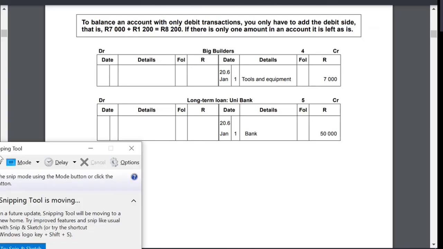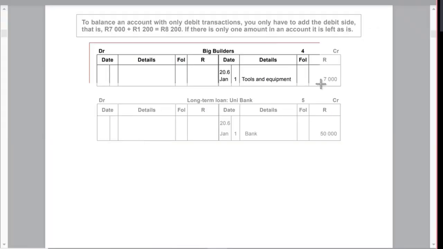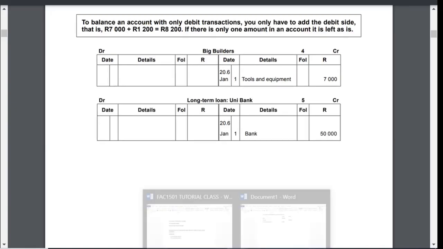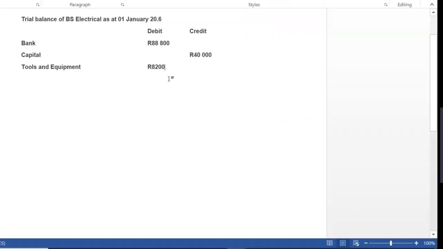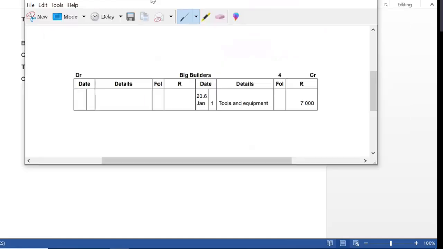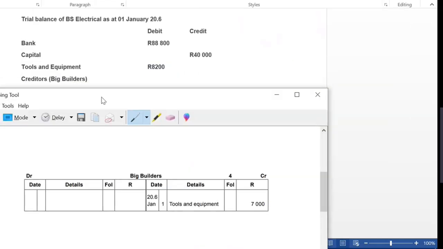The other account is creditors, Big Builders. Which side is it? It's on the credit side.